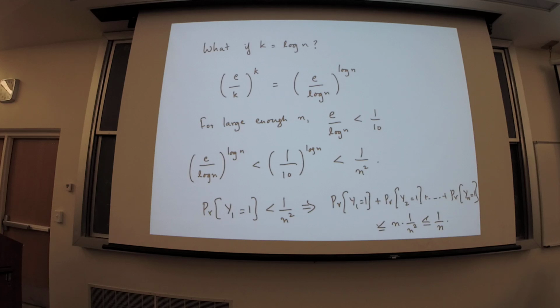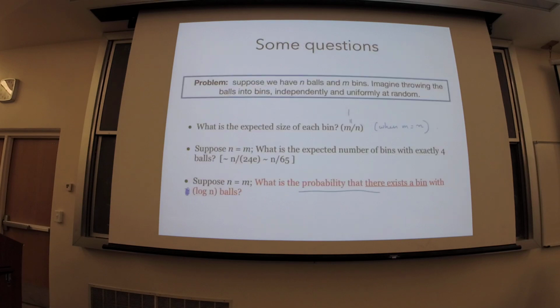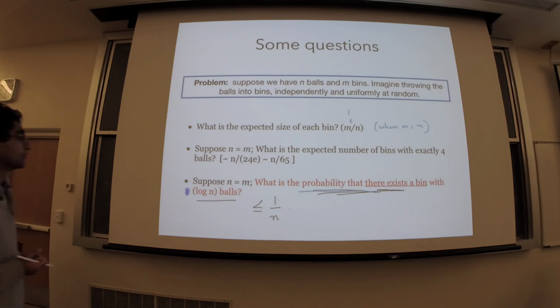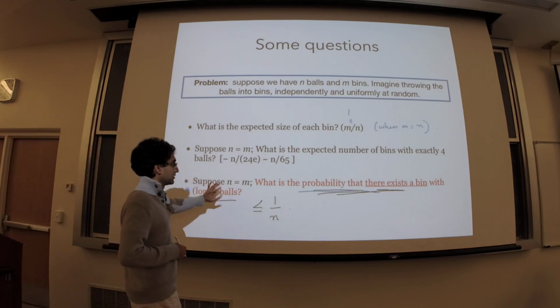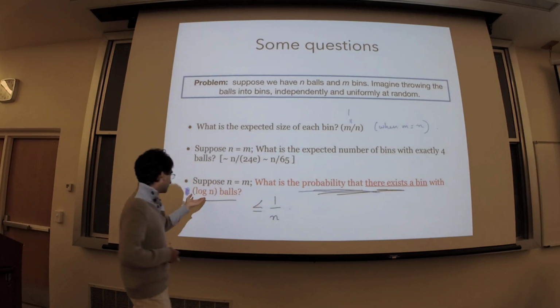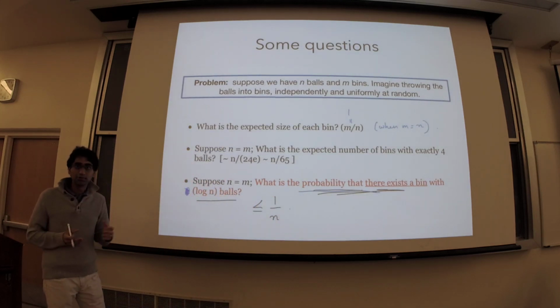Alright, so far I have shown something which seems fairly natural. I have shown that the probability that there exists a bin with log n balls is quite small. This is actually less than 1 by n. And we have seen two different proofs of this same thing. So it's pretty unlikely that there exists a bin with something like log n difference.